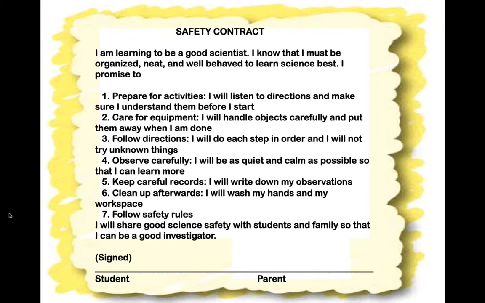I will handle objects carefully and put them away when I'm done. So these are some safety contracts, and then I will share good science safety with the students and families so that I can be a good investigator. So have students and their parents sign this contract. This way, you can have your students aware of safety.